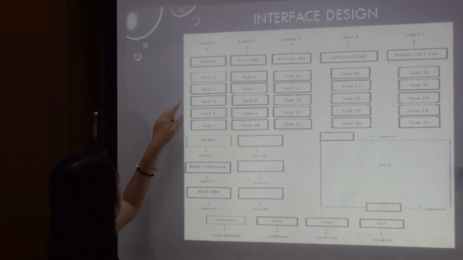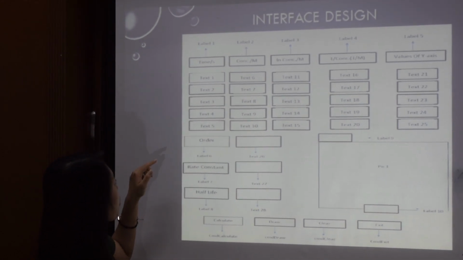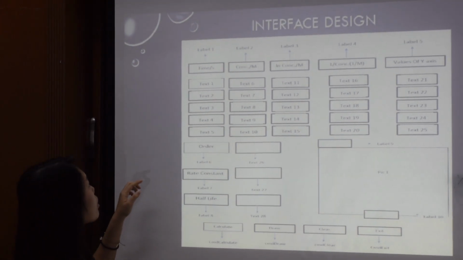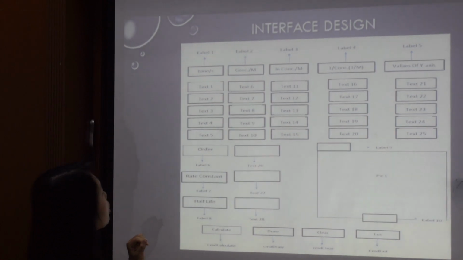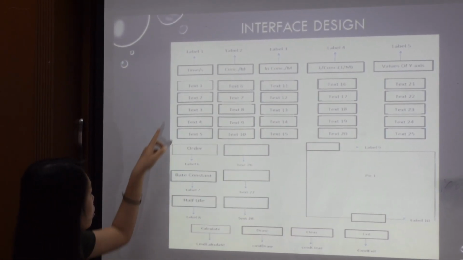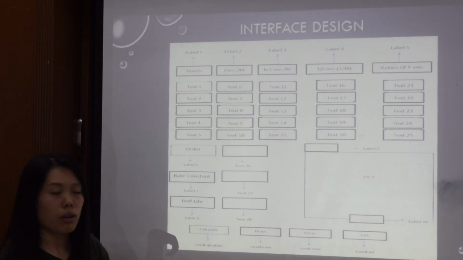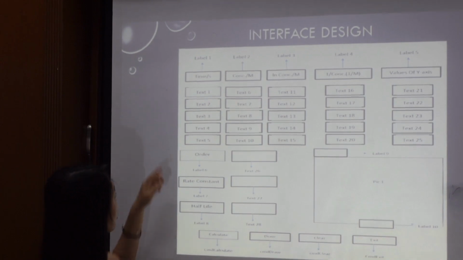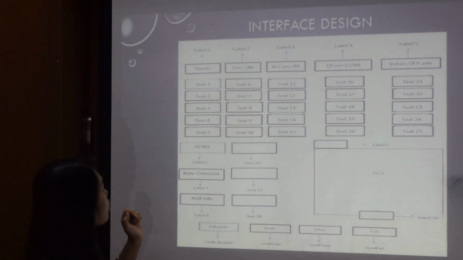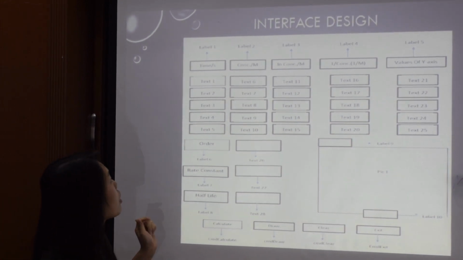Text box 1 until text box 5 are the array text box of time. Text box 1 is x0 and text box 2 is x1 until text box 5, which is x4. These text boxes are used to insert the value of time in seconds.